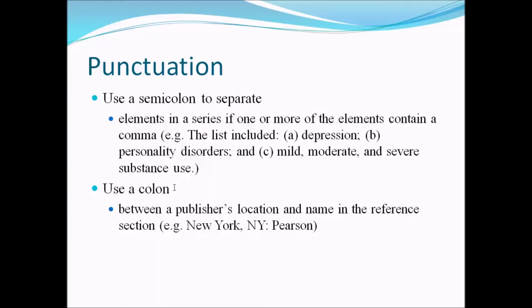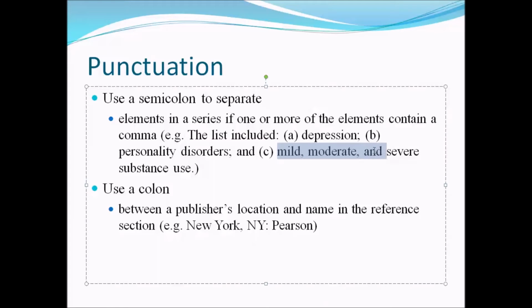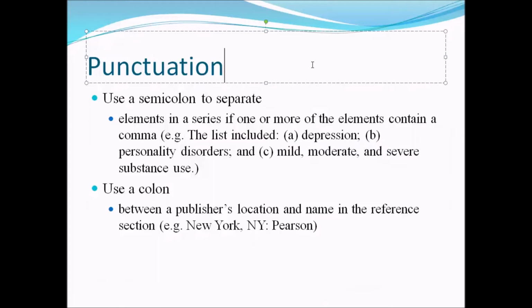So you'll remember earlier in the video, I said in a list like this to use commas to separate the elements in a list. But if you use commas inside one of the elements, as was the case right here, then you switch to semicolons to separate the elements.